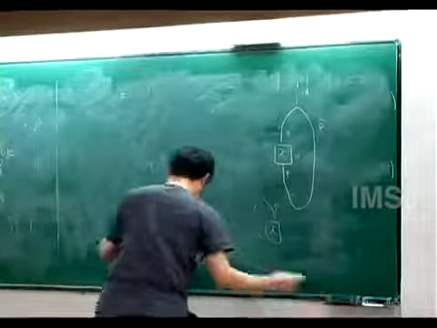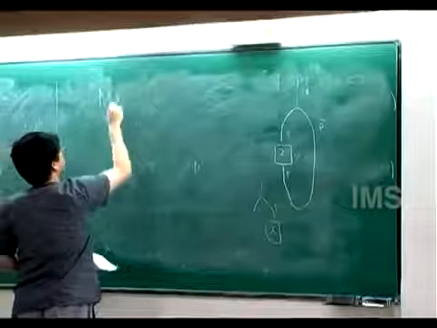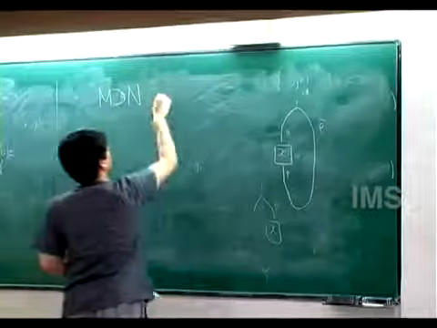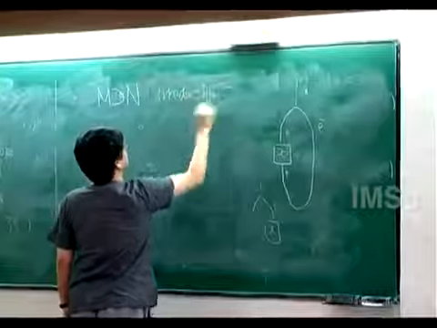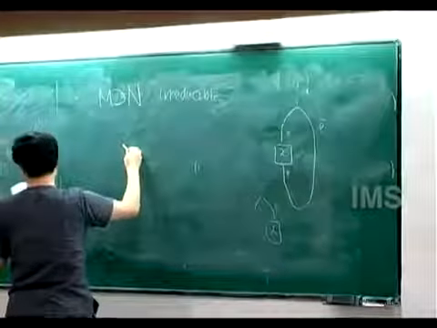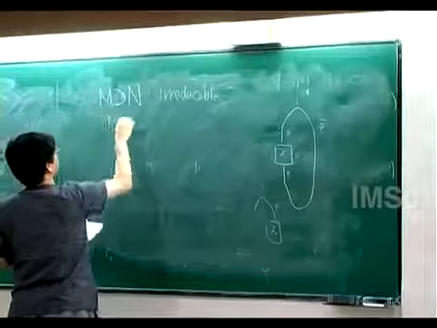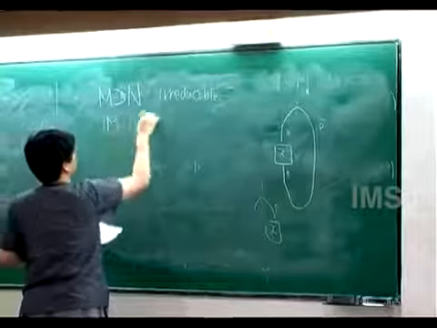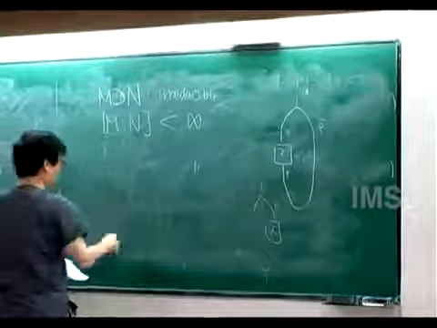So, assume this is an irreducible inclusion and of finite index. Let iota be the inclusion map.